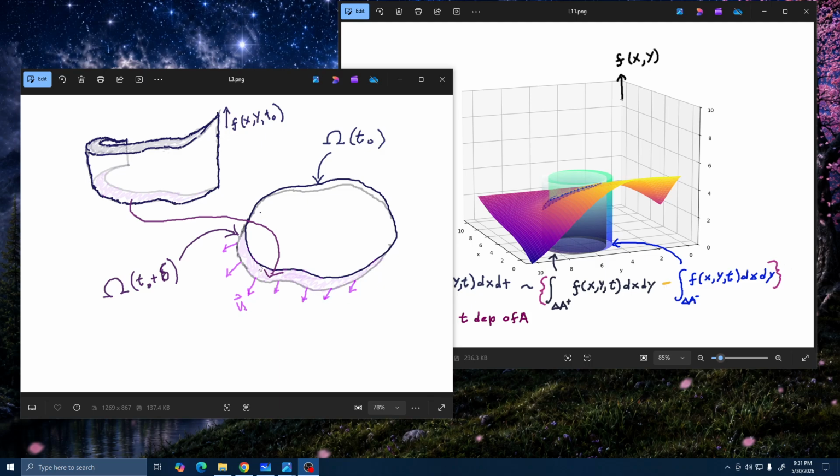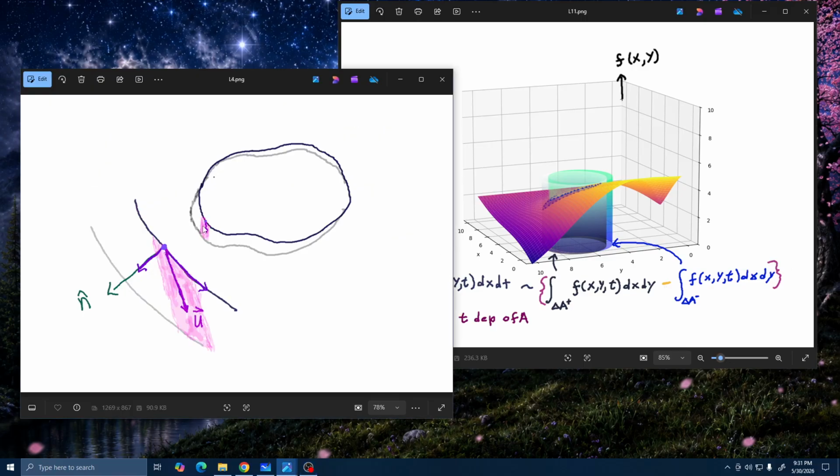So the idea is to try to compute these little areas around points on the boundary, and then multiply them by the function at that point.